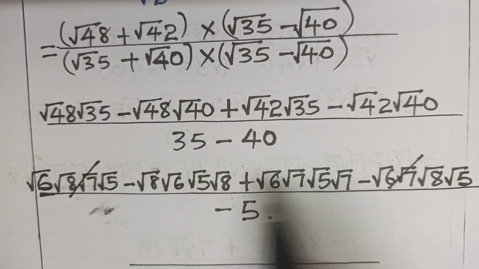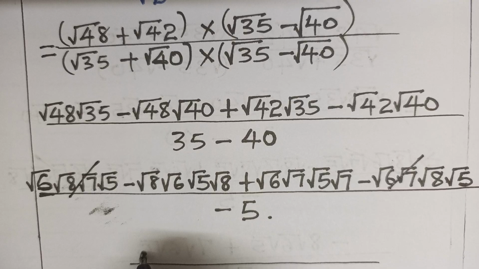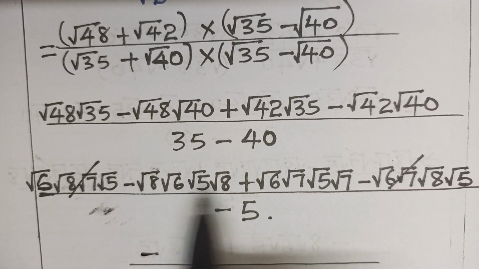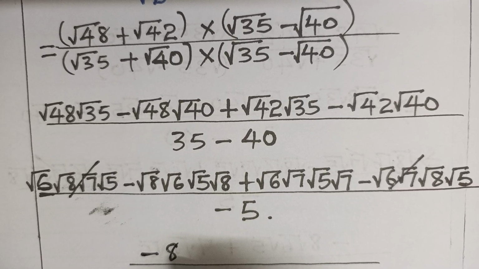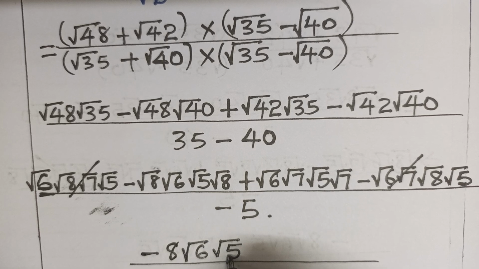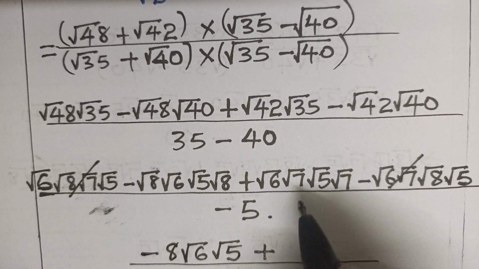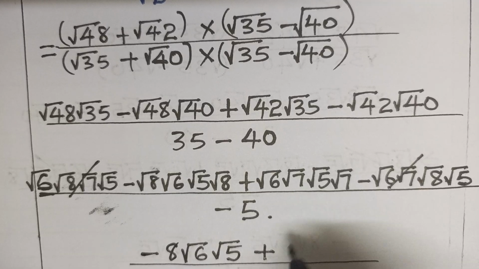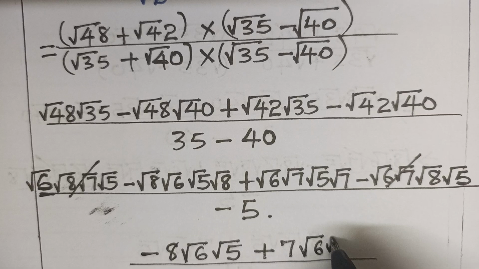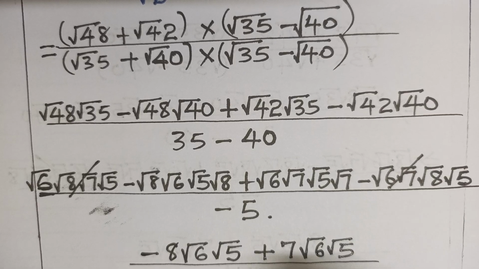Then we are left with these two terms, so I can write negative: here we have √8 times √8 gives us 8, then we are left with √6, √5. Plus, for this we have √7 times √7 is 7, and then we have √6, √5. This all over negative 5.